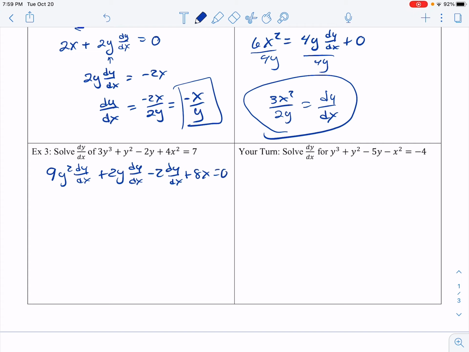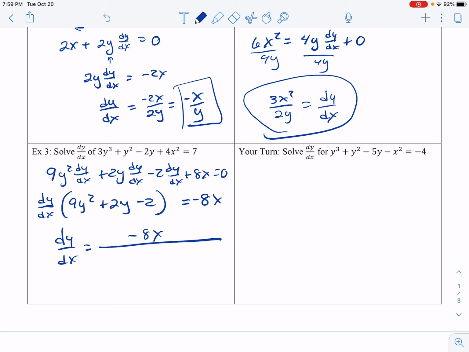Now, you want to move the terms that don't have a dy/dx to the other side and factor dy/dx out of all the other ones. So I'm left with 9y squared plus 2y minus 2 equals negative 8x. And then you divide. So dy/dx becomes negative 8x over 9y squared plus 2y minus 2.